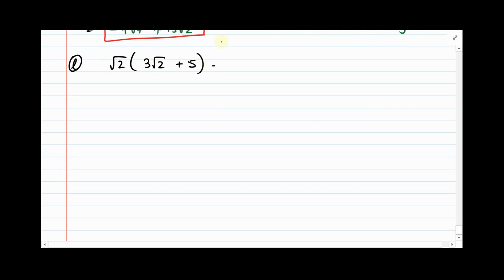Okay, so this is just the distributive property, and so I would have root 2 times 3 root 2 plus root 2 times 5. Okay, let's combine. So multiplying 3 and root 2 squared. In this product, we typically put the whole number or the integer to the front and the radical behind.